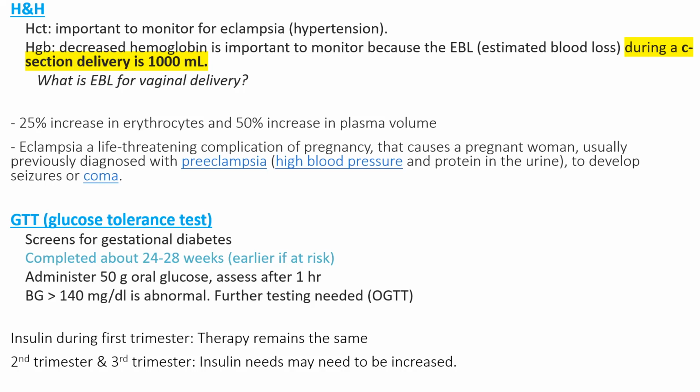We're going to give them an oral 50 grams of glucose, and then we're going to assess them after an hour. If it is more than 140, it's abnormal. Then further testing will be needed, okay? And regarding insulin, therapy is going to remain the same. During our second and third trimesters, insulin needs may need to be increased.